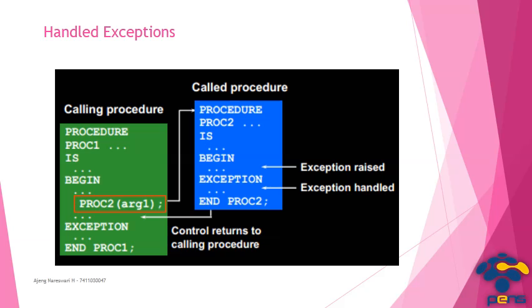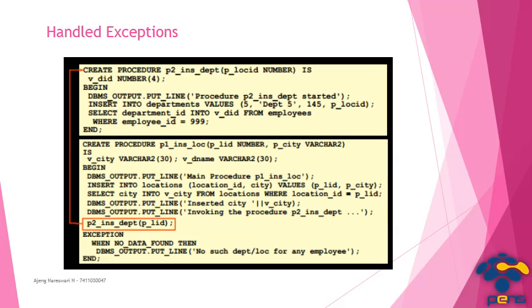Control returns to the calling procedure, and then in the blue blocks there is a begin, an exception raised, and then the exception is handled. You can see from the picture there is the example of handled exception.